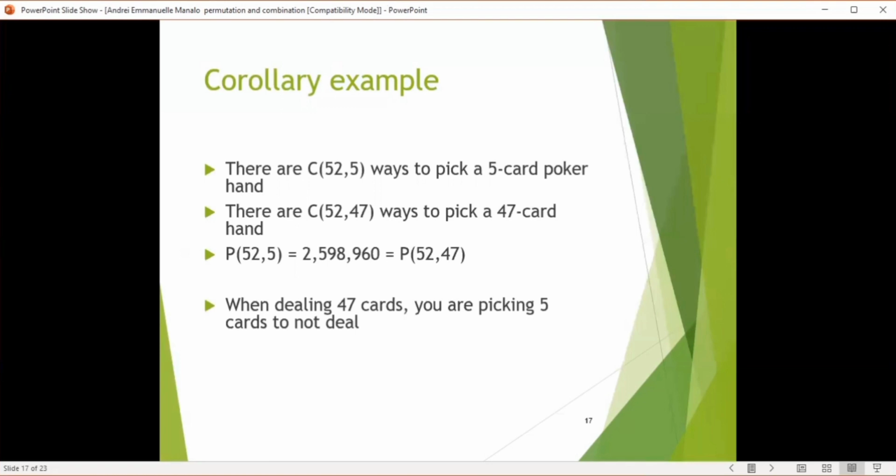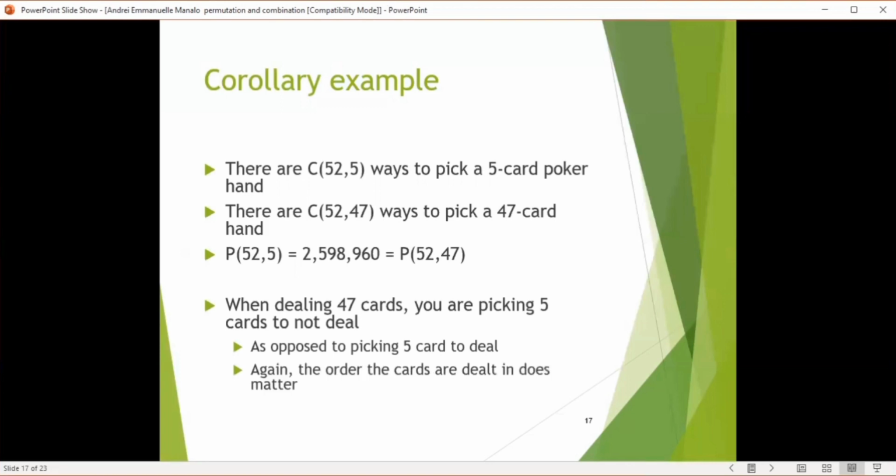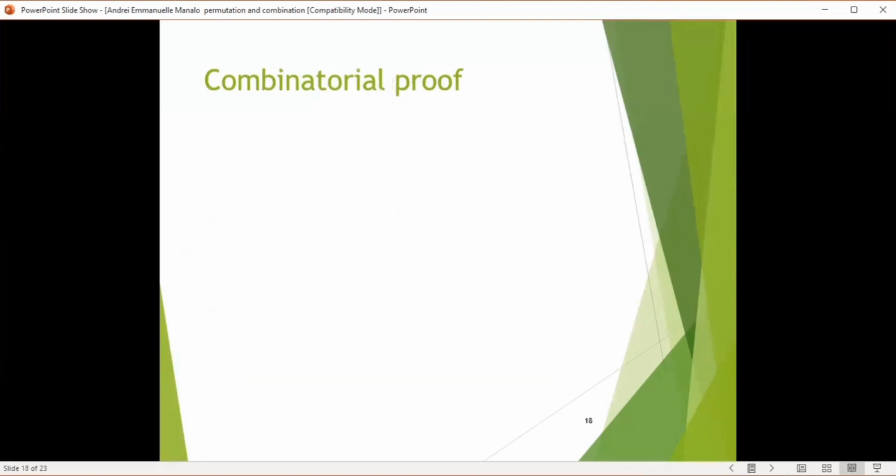Dealing 47 cards is the same as picking 5 cards to not deal, as opposed to picking 5 cards to deal. Again, the order the cards are dealt in does not matter.